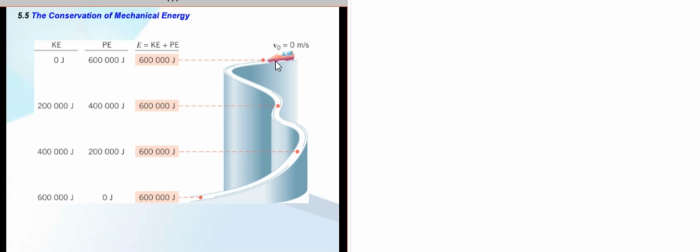As this slide travels downward, its potential energy decreases. Why? Because the height decreases as you go down. The lost potential energy is converted into kinetic energy, because the slide now has velocity. At the starting point, it is 0. So as it gains velocity going downward, your kinetic energy increases and your potential energy decreases, because your height is decreasing.